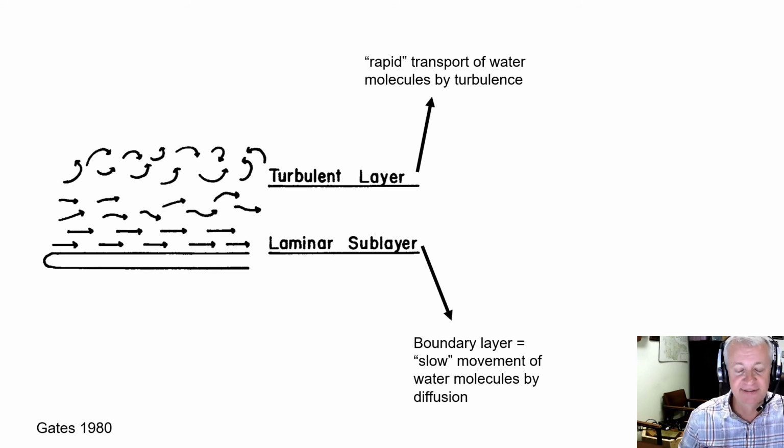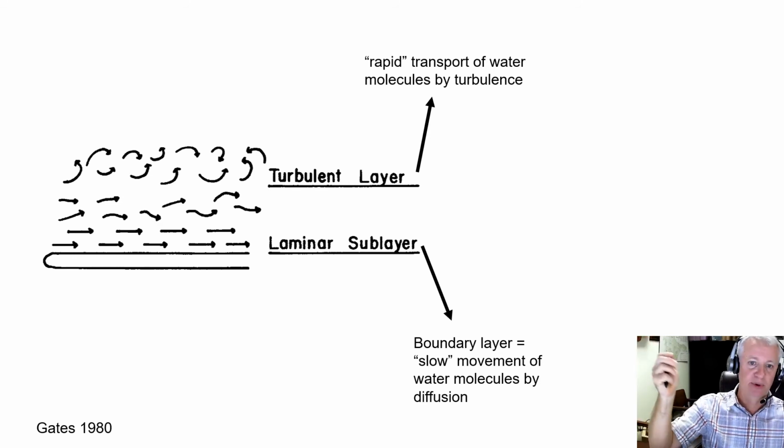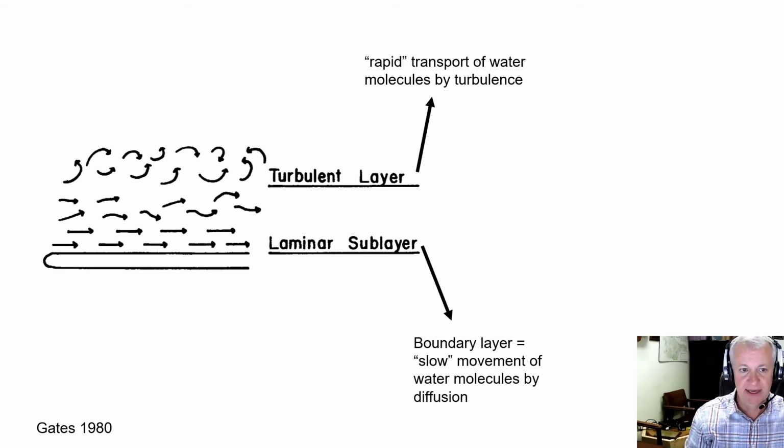And that's because in turbulent air, water molecules are rapidly transported. So in turbulent air, water molecules move easily. But in that laminar sublayer, that boundary layer, the movement of water molecules away from the leaf is slowed somewhat, and actually that water vapor has to move by diffusion. Diffusion is much slower than turbulent transport.